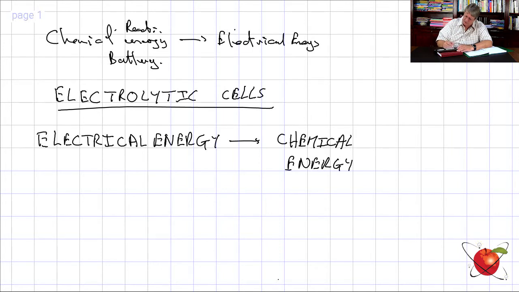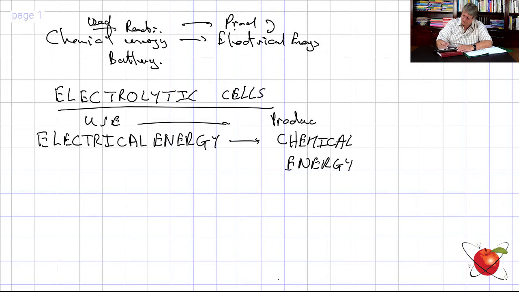So we are going to use this to produce that. In the past, we used this to produce that. The difference here is we are going to be using electricity.